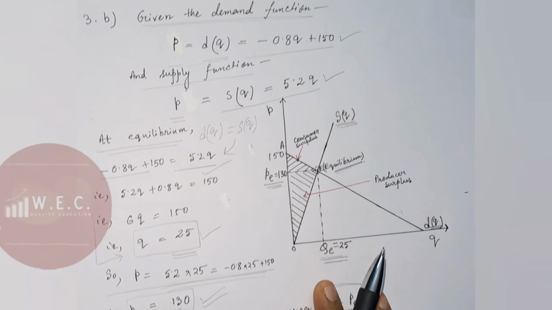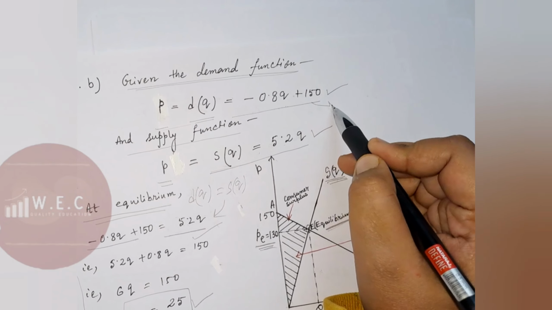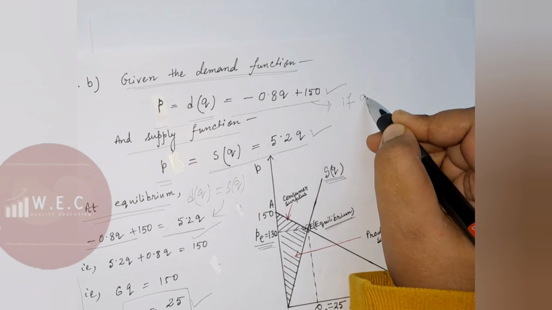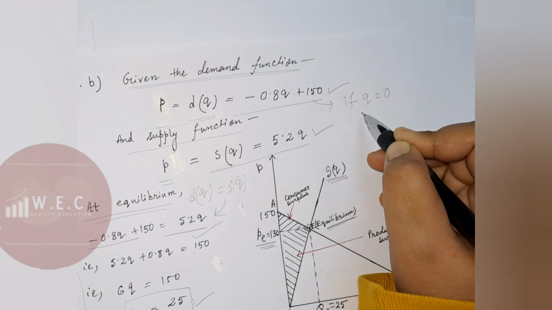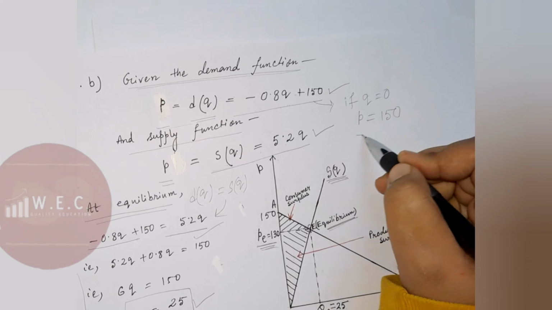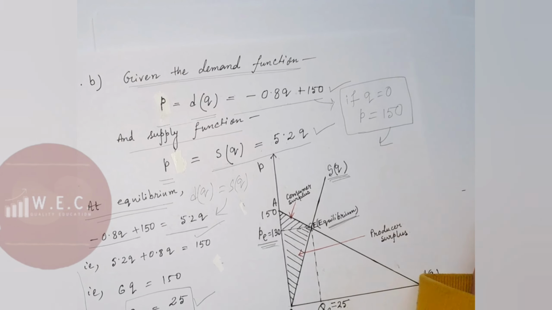So above the equilibrium price and below the demand curve, it is consumer surplus. The intercept of demand function on price axis is 150.